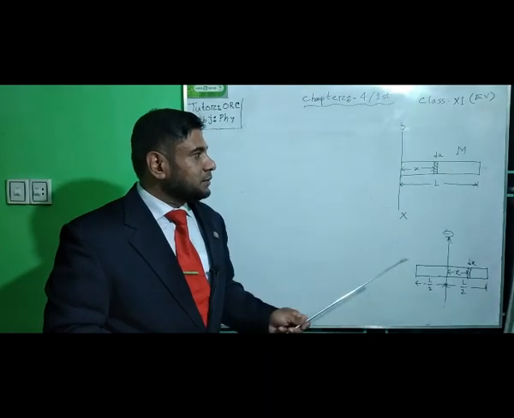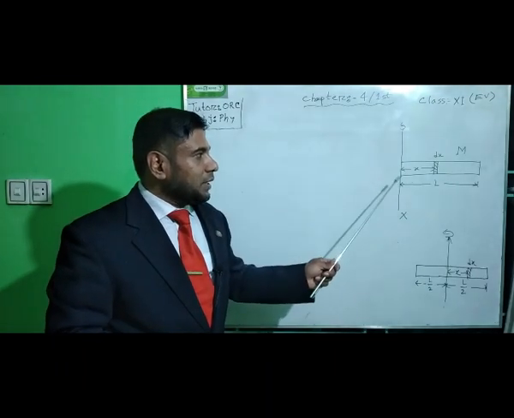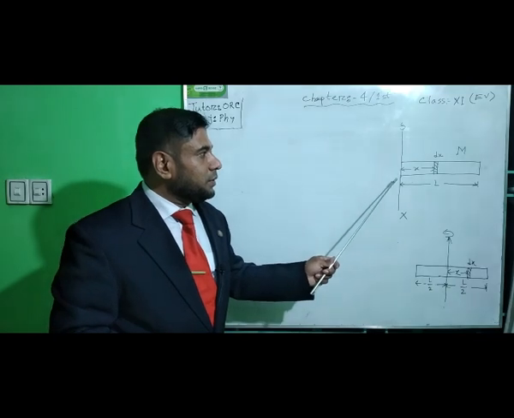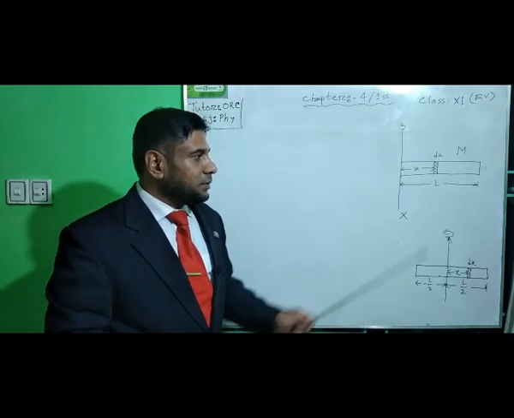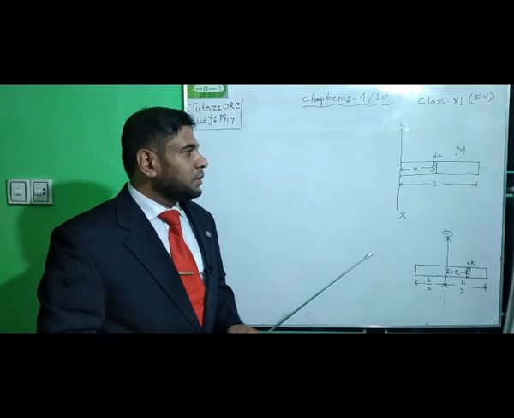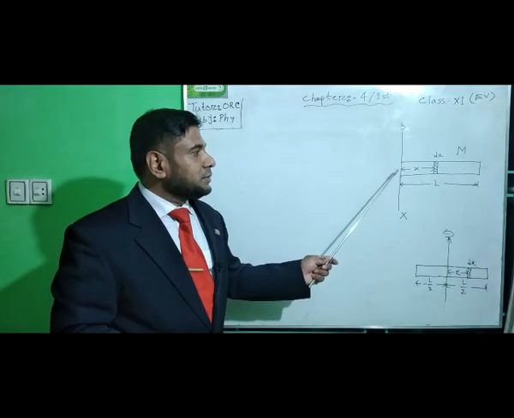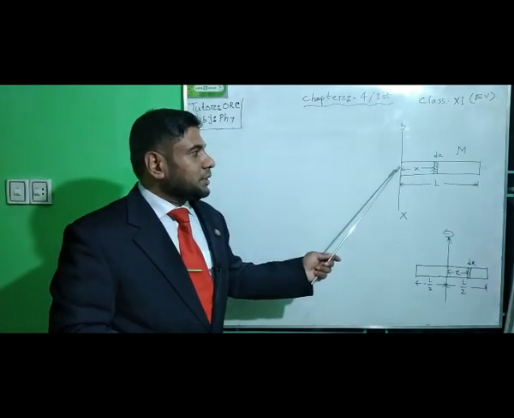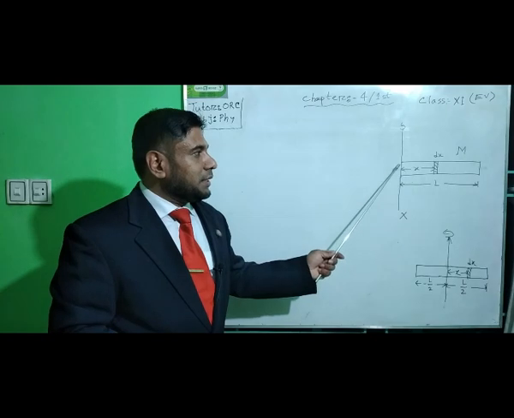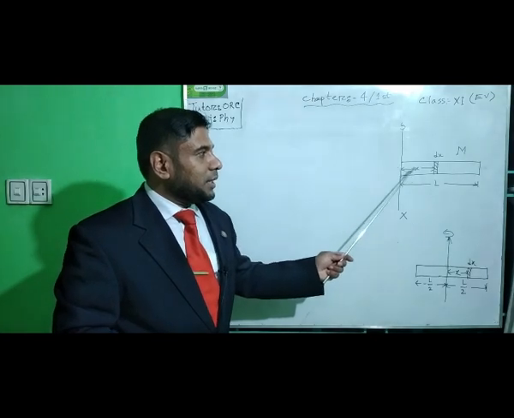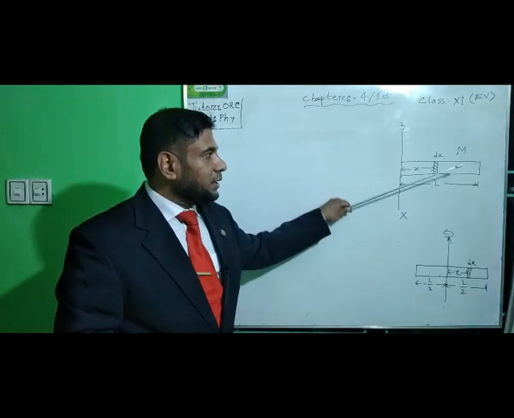two axes. First of all, the determination of moment of inertia and radius of gyration about an axis passing through an edge of the rod and perpendicular to the length of that rod.